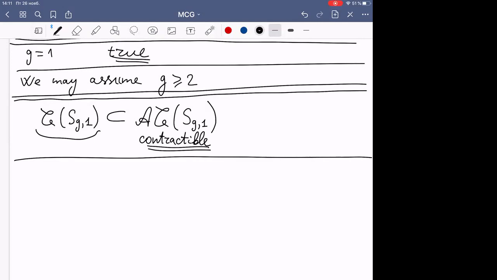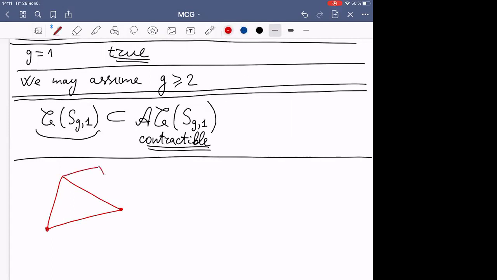Look, we need to look at those simplices of the arc and curve complex that are not contained in the curve complex.